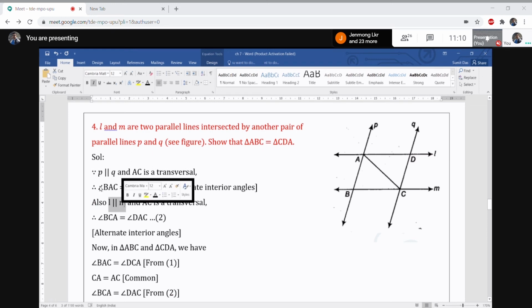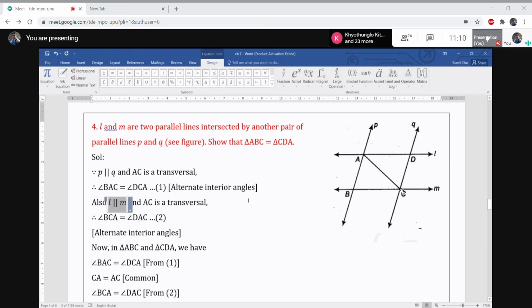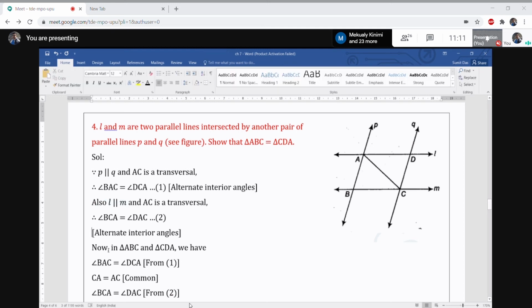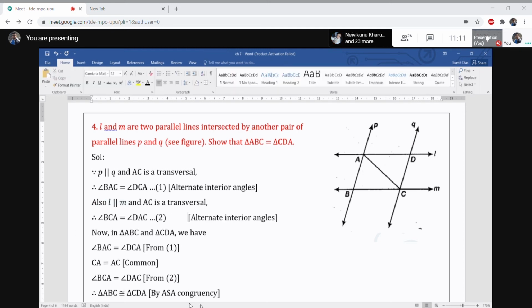Similarly, L and M are parallel and AC is transversal. So we can say BCA equal to CAD, this angle equal to DAC. These angles are equal, also alternate interior angles.